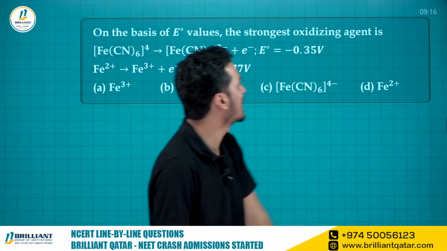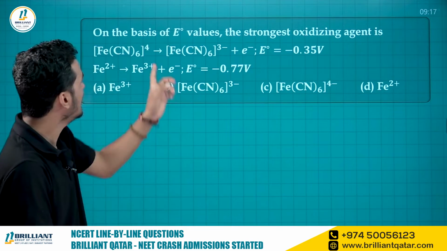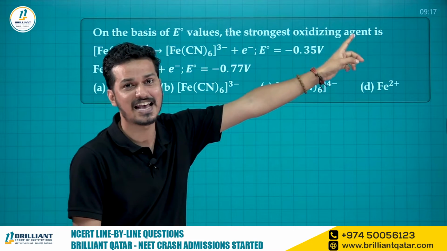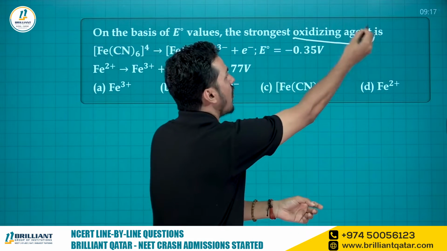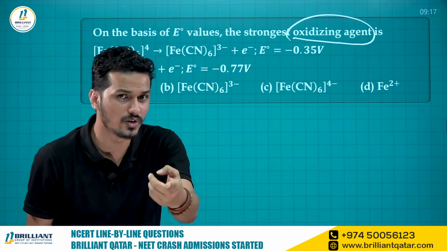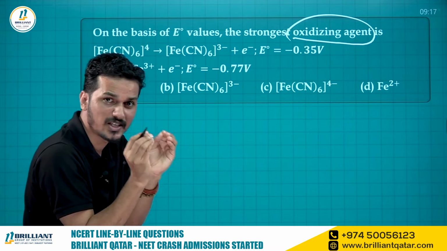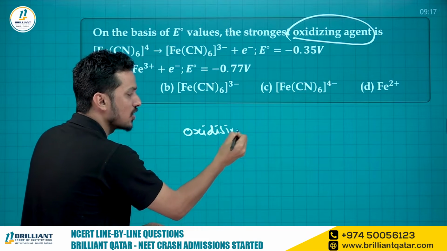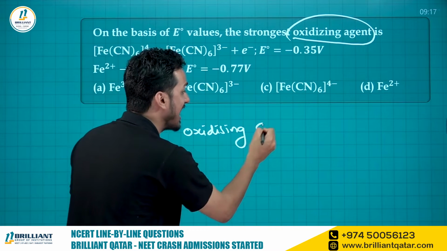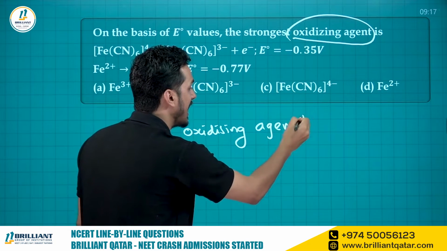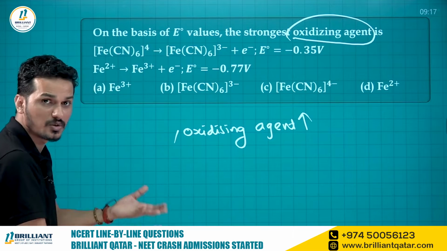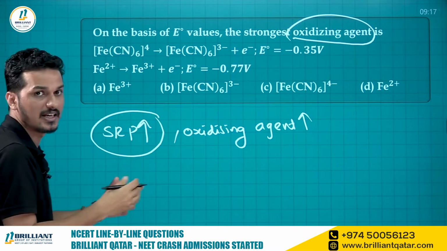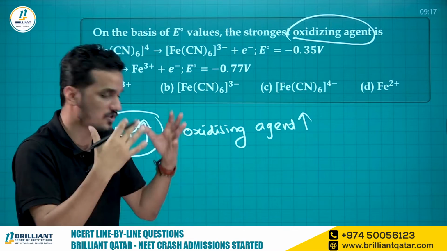Okay. So this is the next question guys. What's the question? On the basis of E0 values, strongest oxidizing agent is. So again, strongest oxidizing agent. I told you, if a species is the strongest oxidizing agent, that means it should have high SRP, its reduction tendency should be very high.